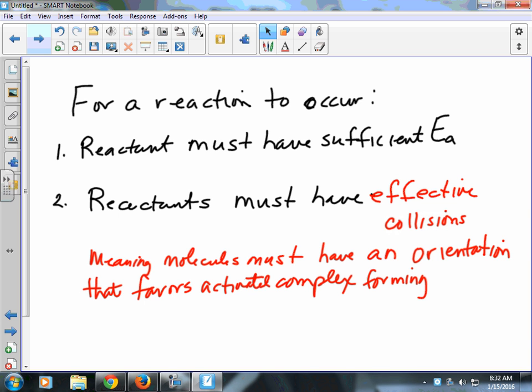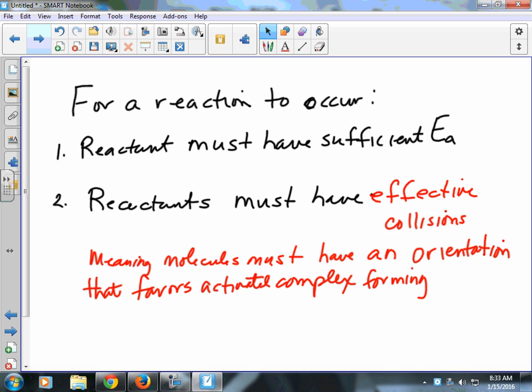Okay, so on the top one, we have this, right? And it's demonstrating that when they collide in this orientation, the bromines come near each other. So this is saying that this can happen, and that will cause the bromine to bond together. So this would be an effective collision.